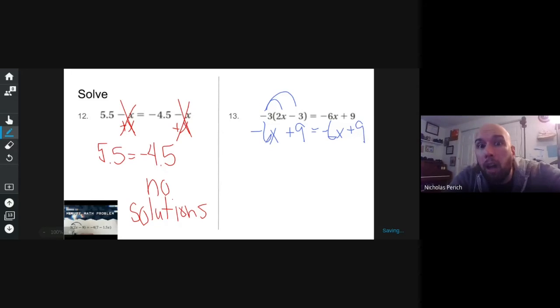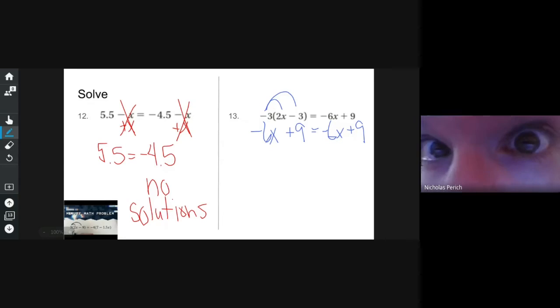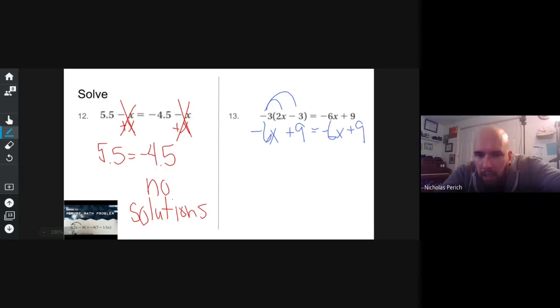The left side and the right side are exactly the same. And when the left side and the right side are exactly the same, that means it's infinite solutions.